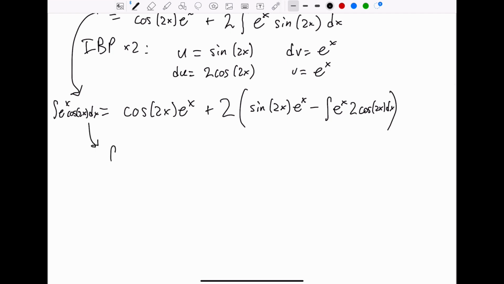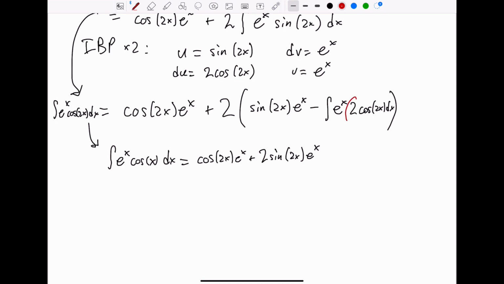Bringing this down, we have the integral of e to the x cosine of 2x dx. And there's a lot of stuff here to copy down. Cosine of 2x e to the x. I'm going to distribute the 2, so 2 times sine of 2x e to the x.